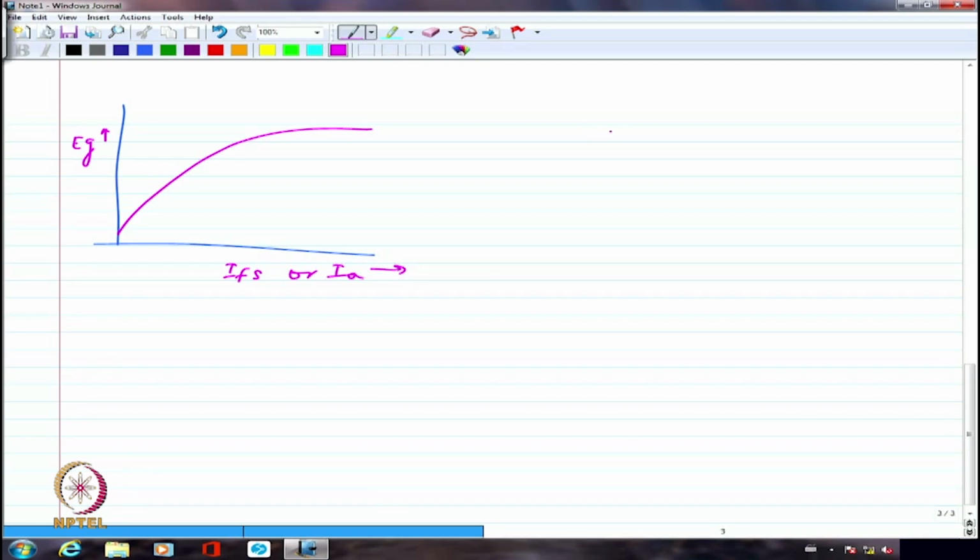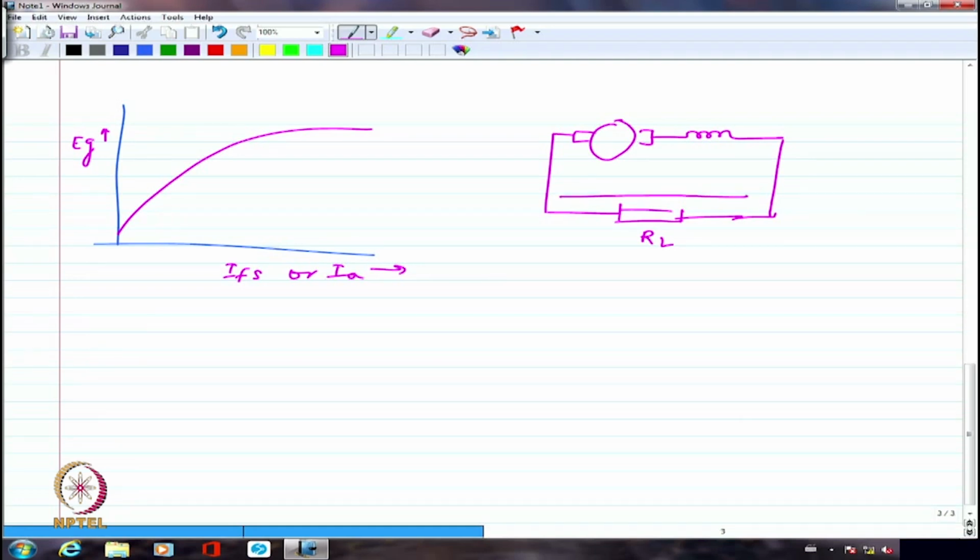So when I connect it as a series generator, I am going to have this along with this field, and then I am going to have the load here. Right? So this is RL. If I say this is plus and this is minus, I am going to have this as VT, the terminal voltage.